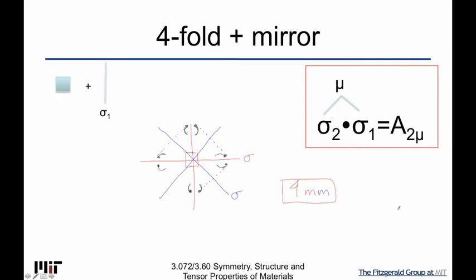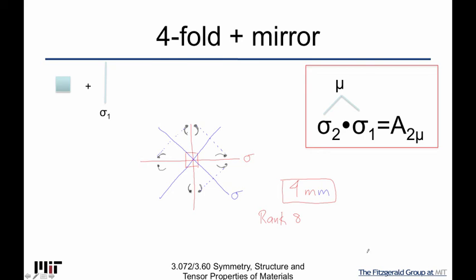Okay? So one last point is some language, again related to group theory, about the rank. So this, for 4mm, would be called a rank 8. So it's a group of rank 8 because you have 4 rotations and 4 reflections.